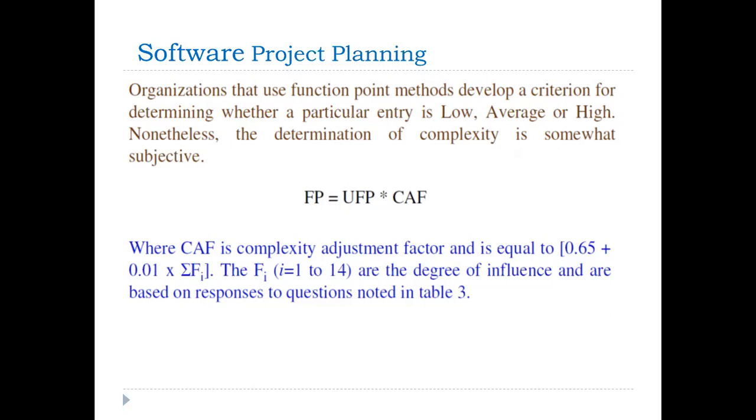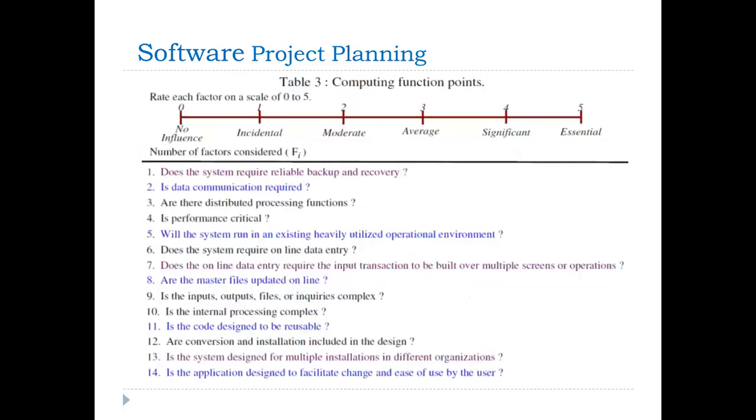CAF equals 0.65 plus 0.01 times the summation of Fi. Fi varies from 1 to 14, the degree of influence, based on the responses to the questions noted in table 3. In the next slide, we will discuss how we identify the CAF, the complexity adjustment factor.